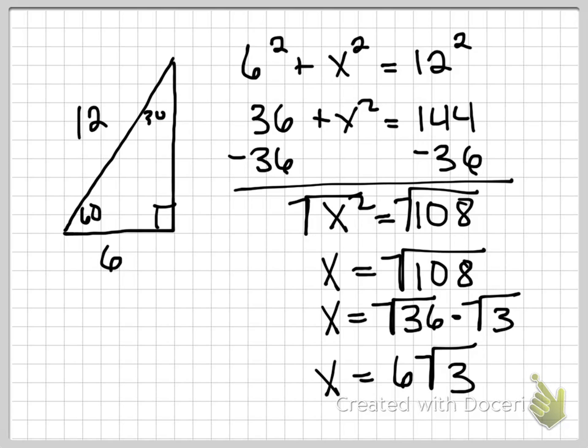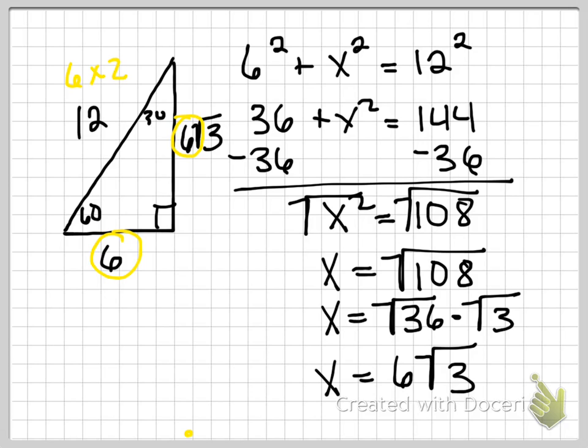So this is equal to 6 times the square root of 3. All right, so let's look. We've got x is 6. This side is x times the square root of 3. And this side is 6 times 2.